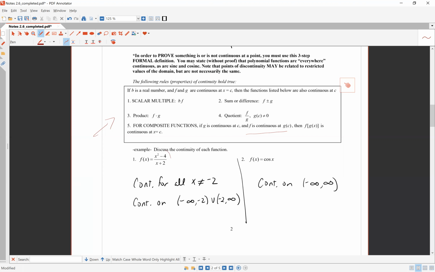So we say this function is continuous everywhere except x equal to negative 2, because you can't divide by 0. So if you graph that near x equal to negative 2, you're going to get a vertical asymptote.